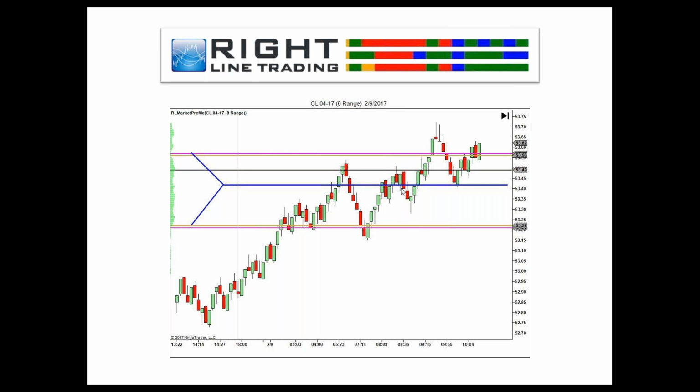These are these two magenta lines, and also the point of control, which is this black line. What I wanted to show you was that if this data was normally distributed, then the mean price, or the point of control, would be located around this blue line. But you can see the data is not normally distributed, but it doesn't make the derivation any less valid. Traders want to keep price in between the value area high and value area low.